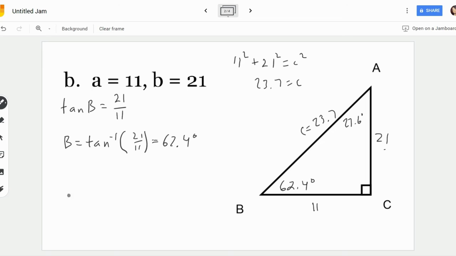And I can write down here how you can do that. 180 degrees total minus the 90 minus your 62.4 is 27.6 degrees. So we solved the triangle. We have everything there. All right, that was a quick example, but this is what it looks like when you start with two sides instead of an angle and a side.